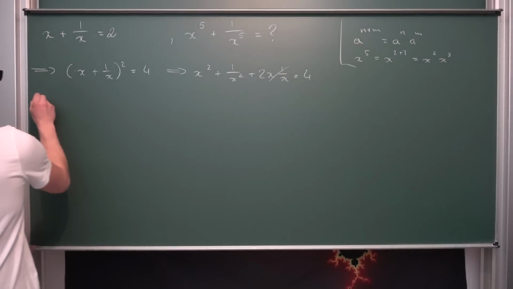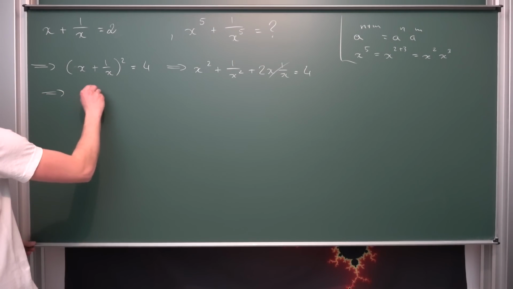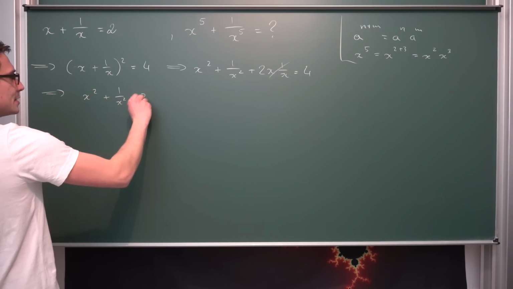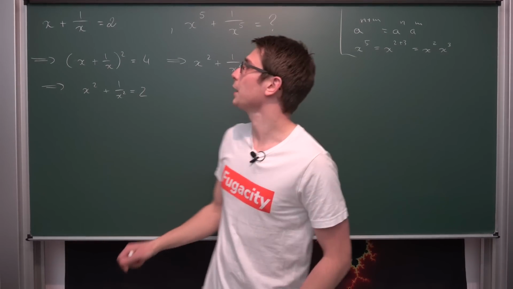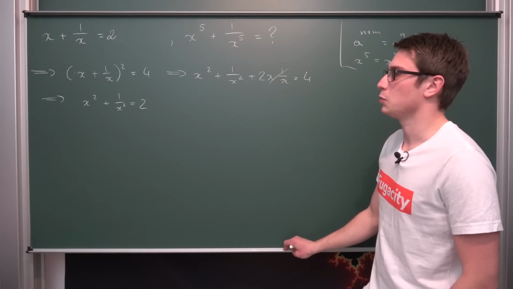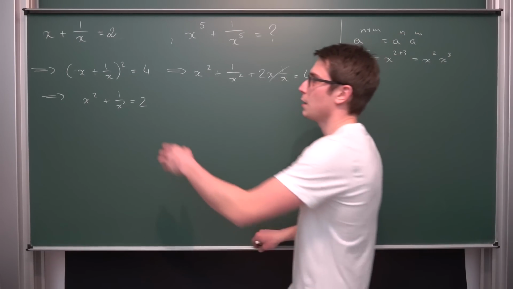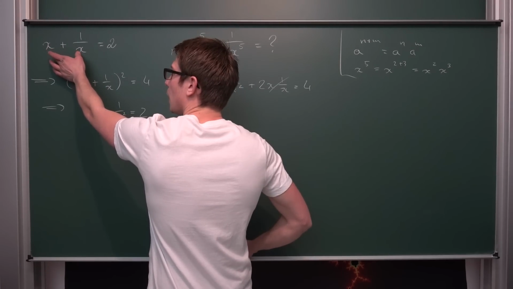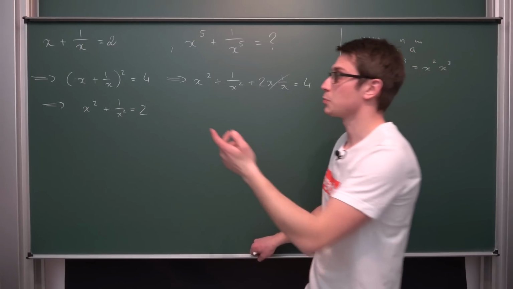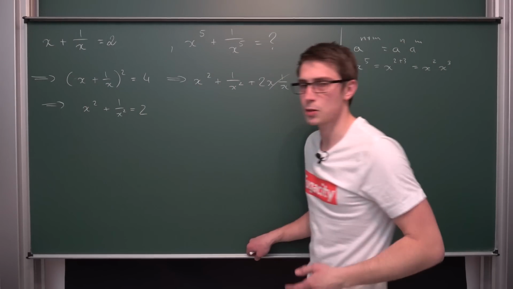Let us subtract 2 on both sides, giving us that x squared plus 1 over x squared is nothing other than 2. Okay, it's the same value as the original equation. Let us continue with this thought. If you have our original equation squared basically, especially the left hand side, this is just multiplying x plus 1 over x with itself.